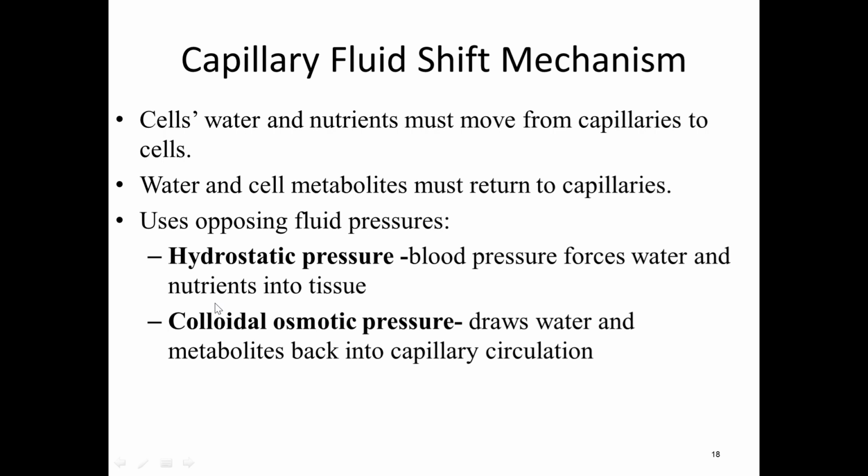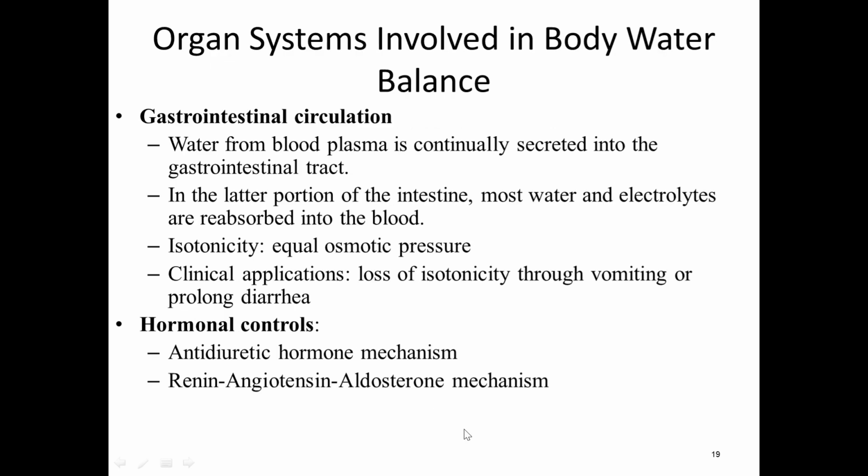That is known as colloidal osmotic pressure, because this is against the concentration. Right? In the capillary fluid shift mechanism, water and nutrients are moved from the capillary to the cells, but in colloidal osmotic pressure they draw water and metabolites back into the capillary circulation from the cells.